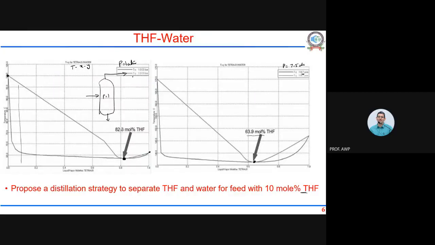At the top I will get the azeotrope, THF and water 0.823 and 0.177. And at the bottom, THF and water 0 and 1, pure water. That means this is the left side of the azeotropic composition. Now we take the distillate and send it to the second column operating at higher pressure.